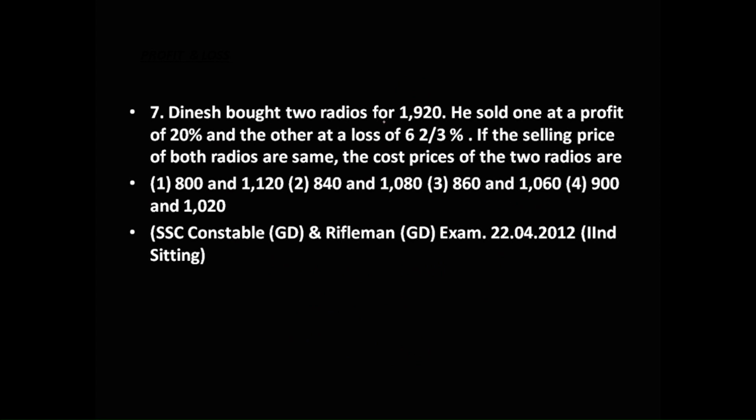Dinesh bought 2 radios for 1920. One is sold at a profit of 20%, the other at a loss of 6 and 2 by 3%. If the selling price of both the radios is the same, then find the cost price of the 2 radios. So 20% means 1 by 5, right? So CP is 5, SP is 6, which is a profit.